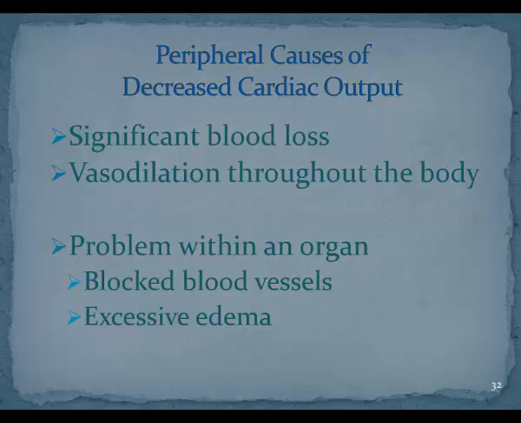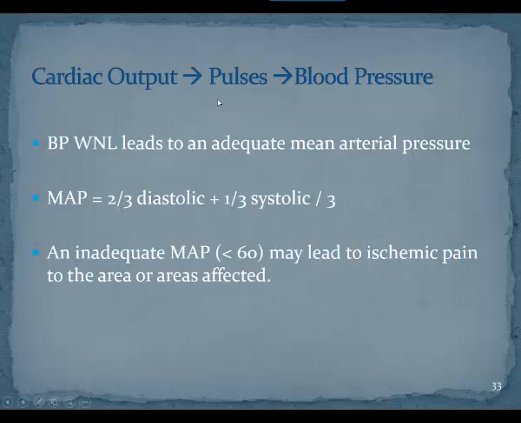Other causes outside of the heart that can decrease cardiac output can include loss of blood volume through active hemorrhaging, or maybe vasodilation of all of the venous system, like through an anaphylactic type of reaction. To perfuse our organs, we need a mean arterial pressure that's greater than 60 millimeters of mercury.